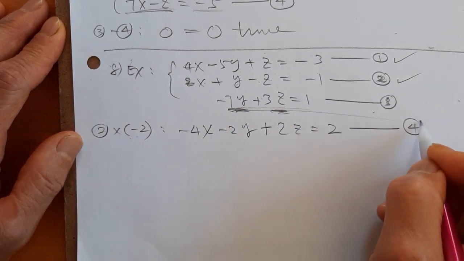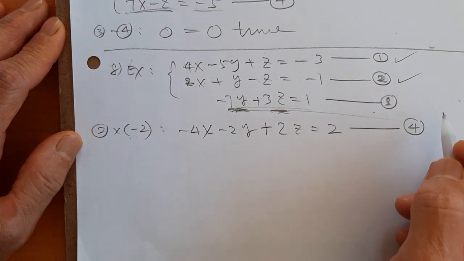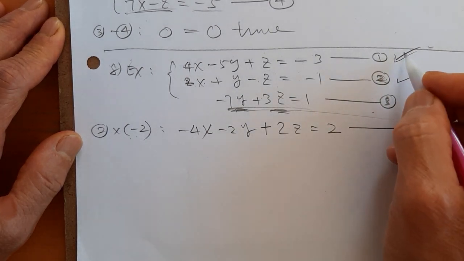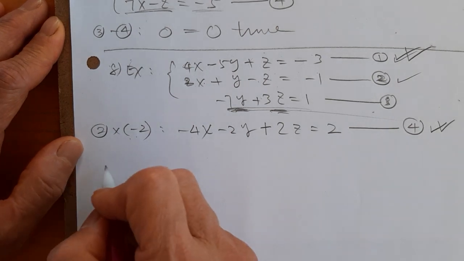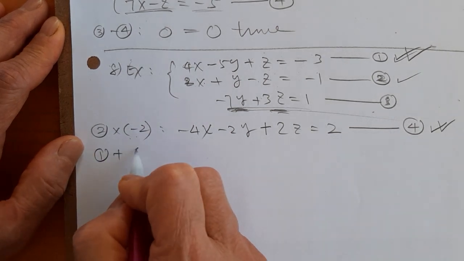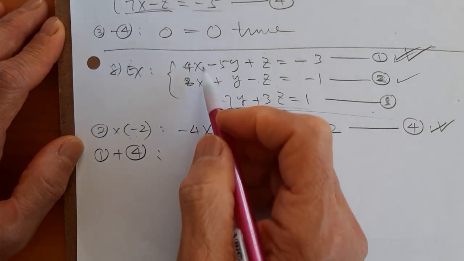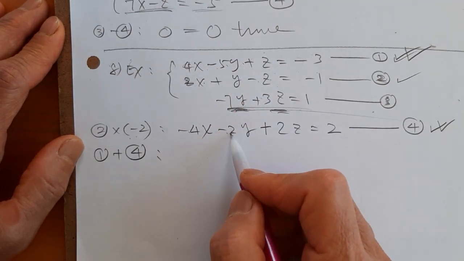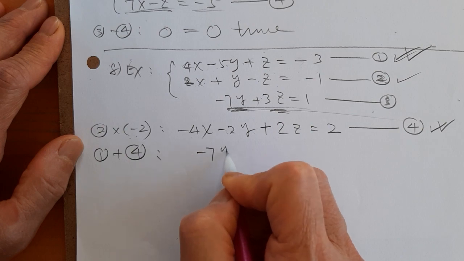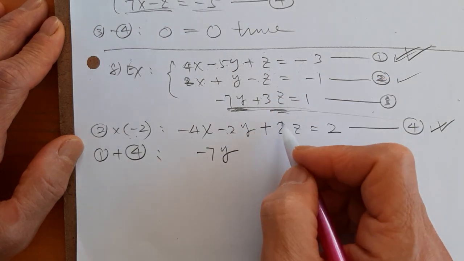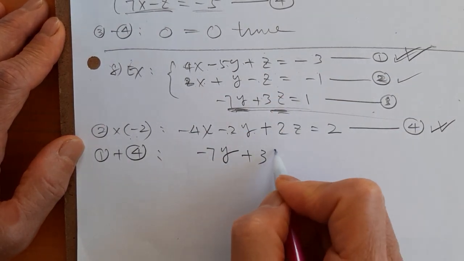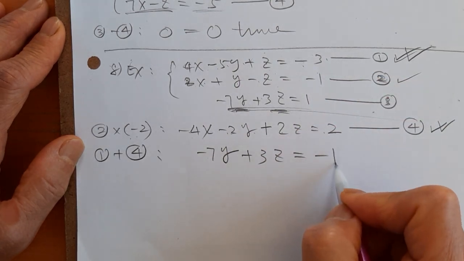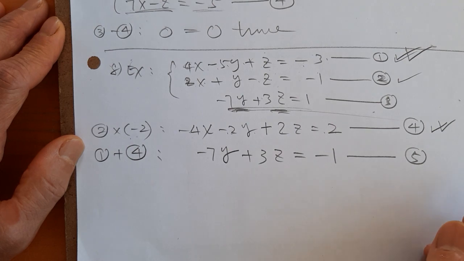That's the fourth equation. Add the first equation and the fourth equation together. 4x add negative 4x is 0. Negative 5y add negative 2y is negative 7y. And z add 2z is 3z, equals negative 3 add 2, which is negative 1. That's the fifth equation.